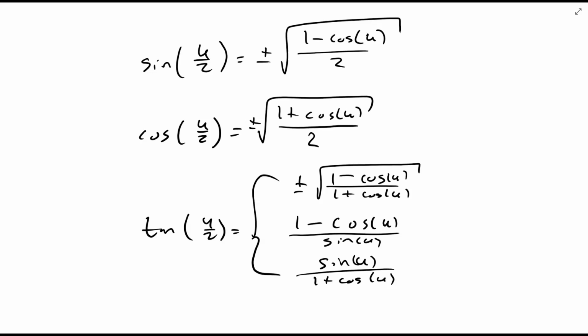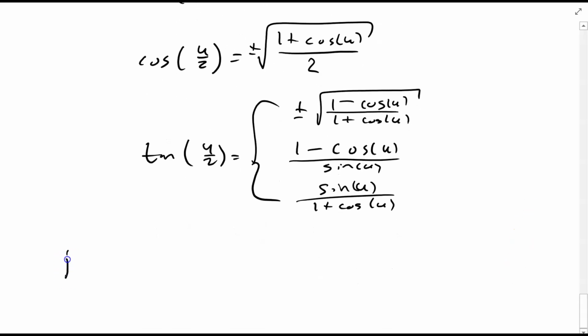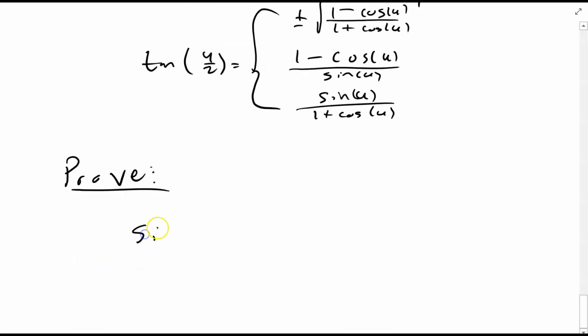So, if I wanted to prove one of these identities, what am I going to use? If we're following a familiar pattern here. Let's say I wanted to prove, or derive, this one.